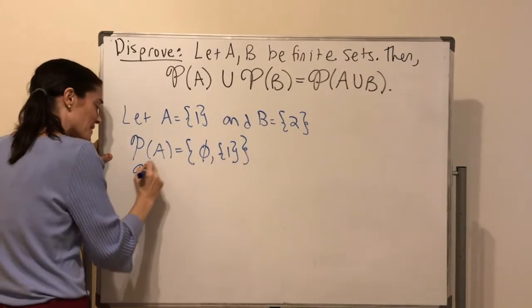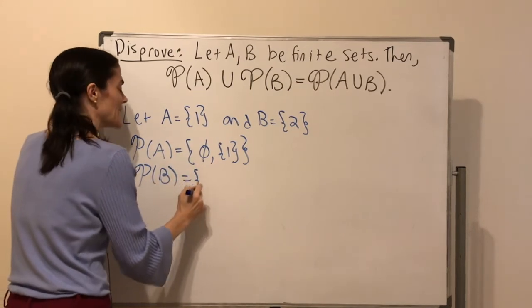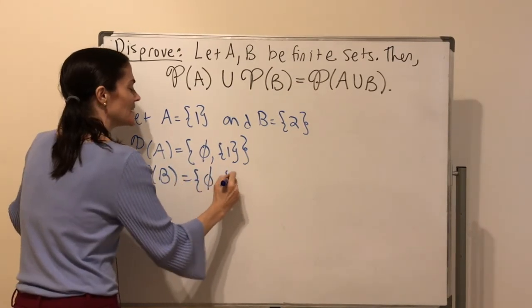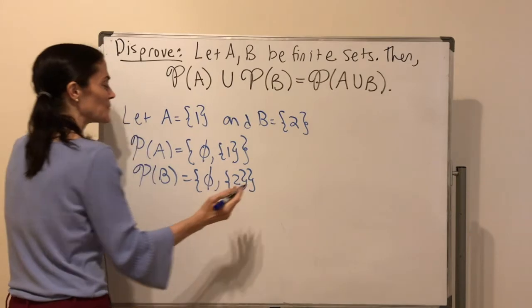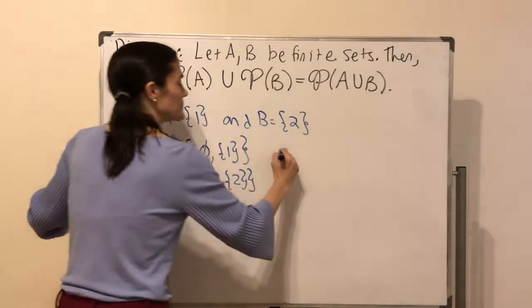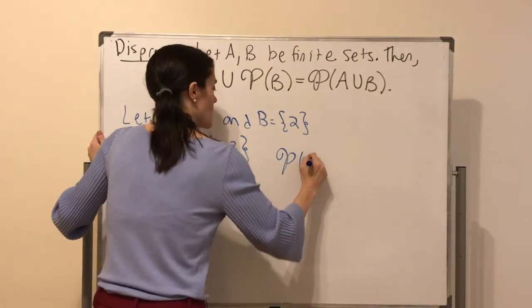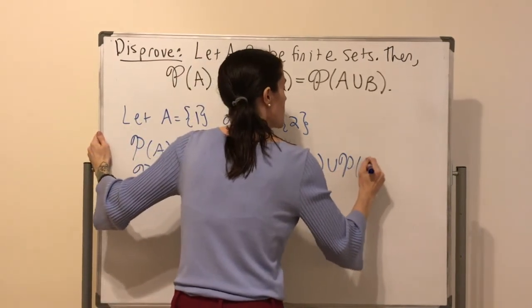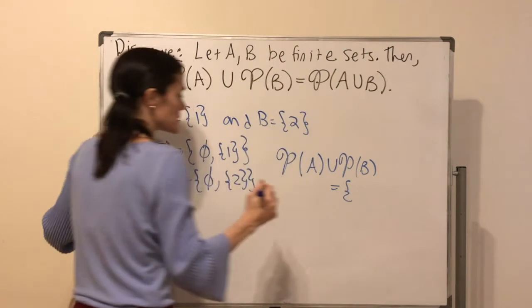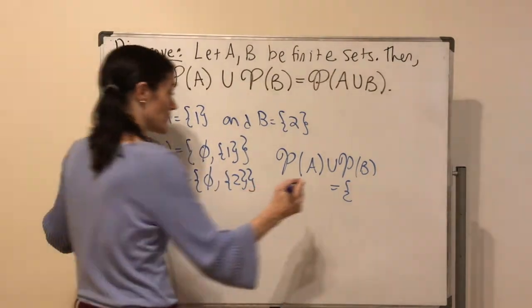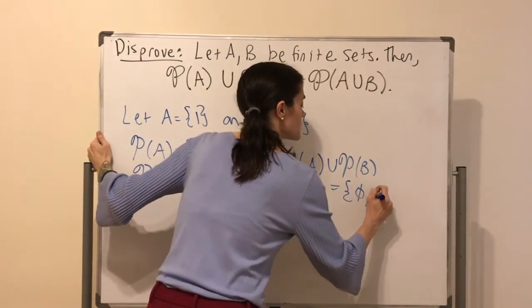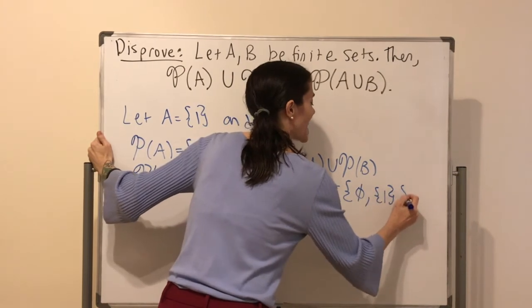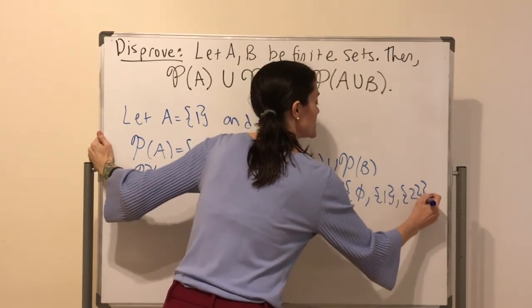The power set of B is the empty set and the set containing 2. So what is this union, the power set of A union the power set of B? Well, we notice it has 3 elements. It has the empty set, the set containing 1, and the set containing 2.